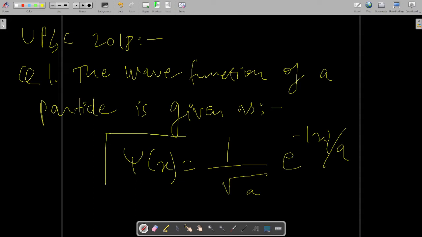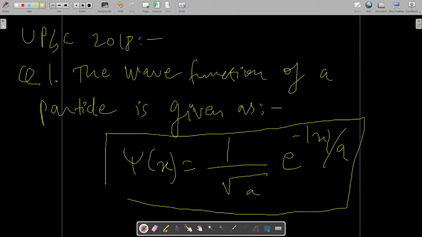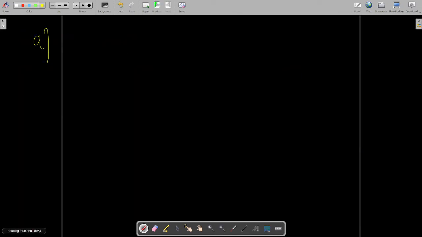Okay, this is the wave function of a particle which is given to us, and what you have to find is the number a.